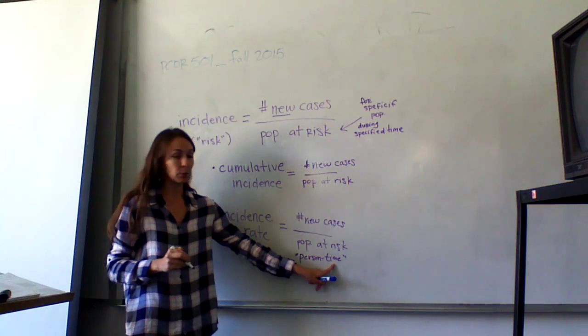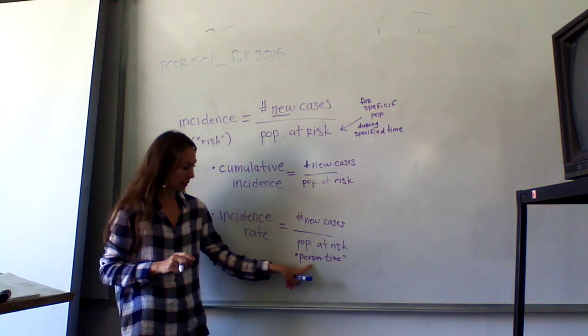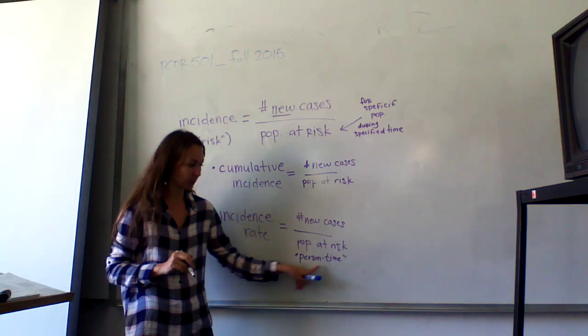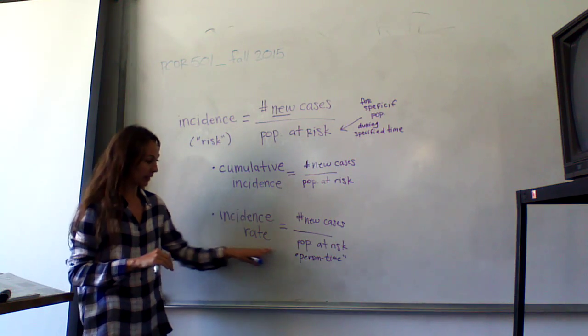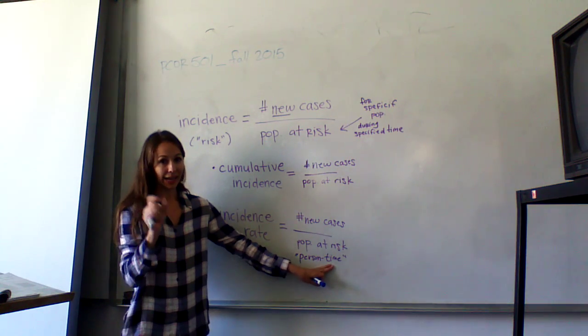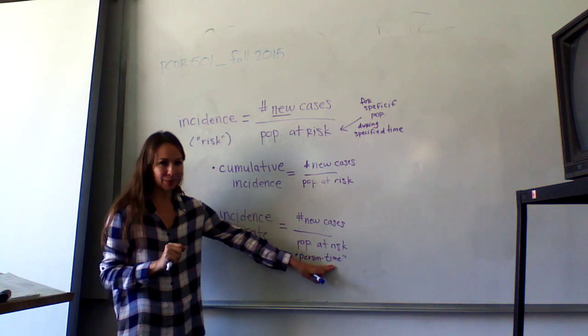And remember, time will be a specified unit, so it could be person years, or person months, it could even be person days, okay? So the biggest difference is that rate has, as accurately as we can, time in the denominator.